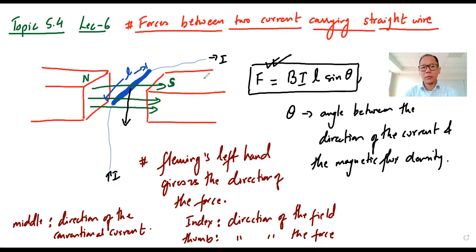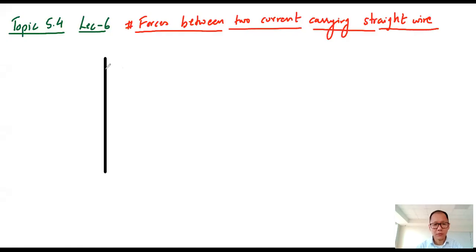Now let's move on to the main part, which is the forces acting between two current carrying wires. So let us assume that there is a wire in which a current I1 is flowing through it. Let us just give a name to this wire. So let's say this is wire 1.